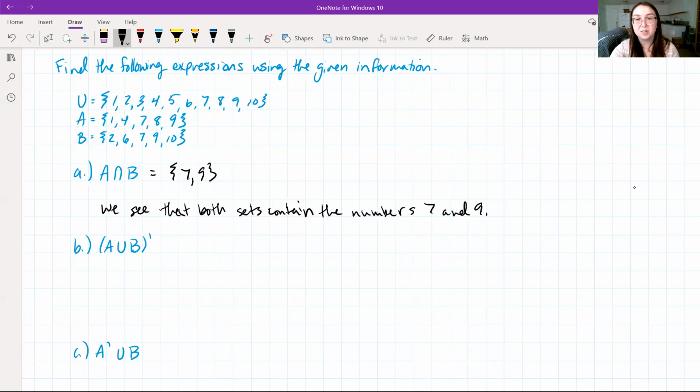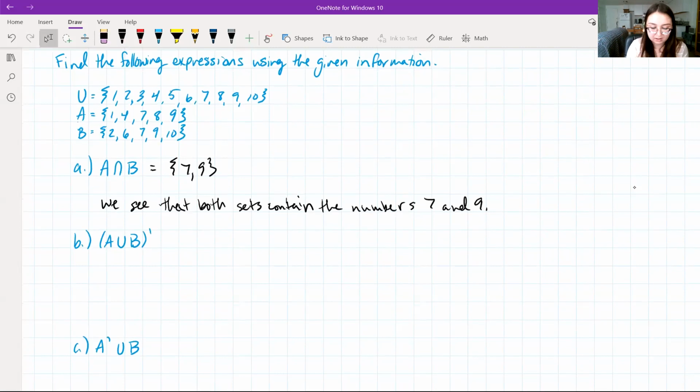Since we know our universal set, and if we find the union of A and B, then we know at the end which values will not be contained within our union. And then we can find the complement. So we want to do what's inside the parentheses first.